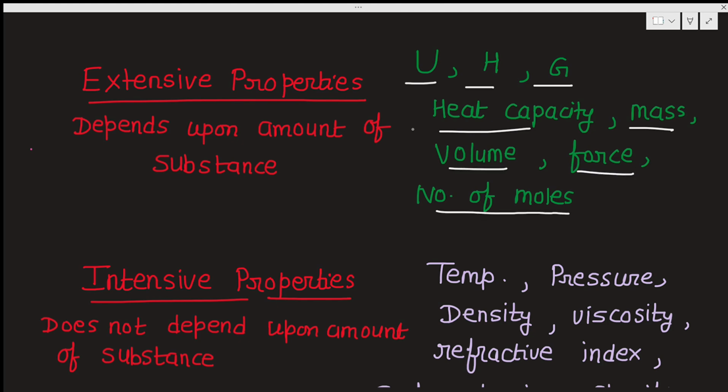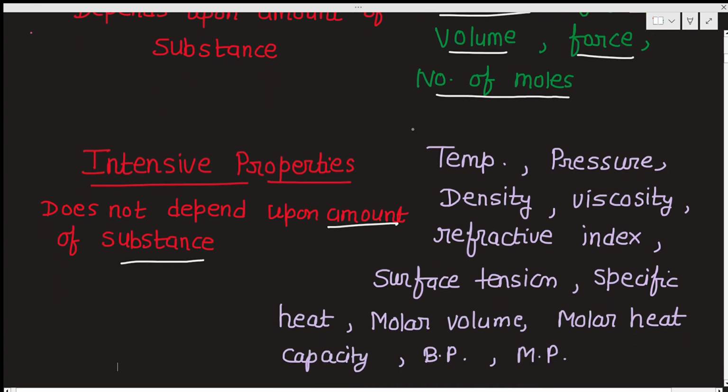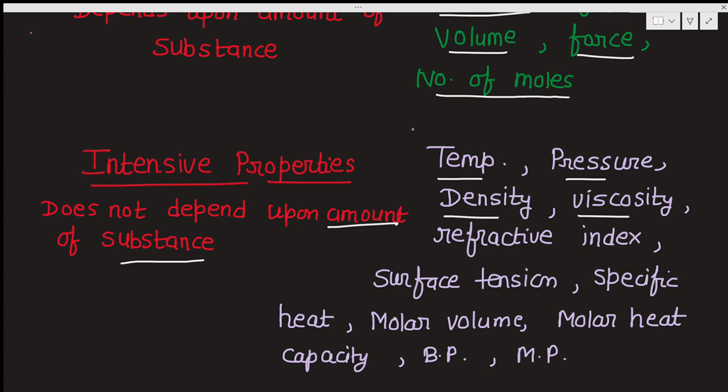The next one is the intensive properties. These properties do not depend upon the amount of the substance. They do not change with the amount of the substance. These properties are temperature, pressure, density, viscosity, refractive index, surface tension, specific heat, molar volume, molar heat capacity, boiling point, melting point.